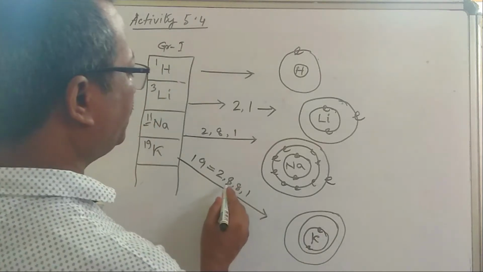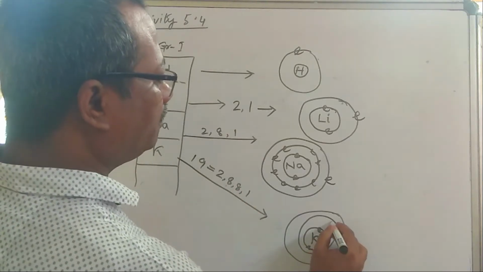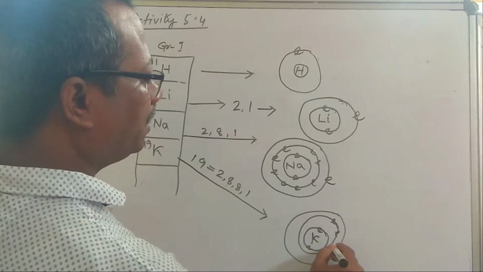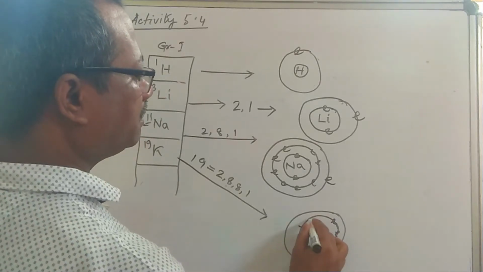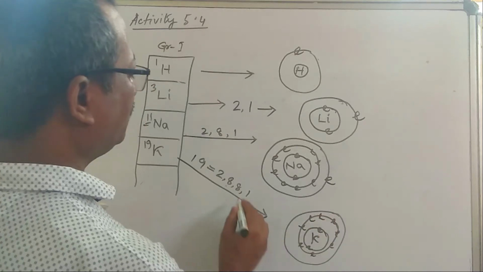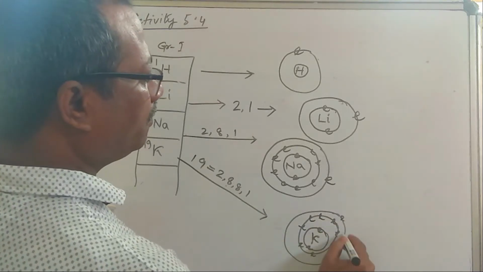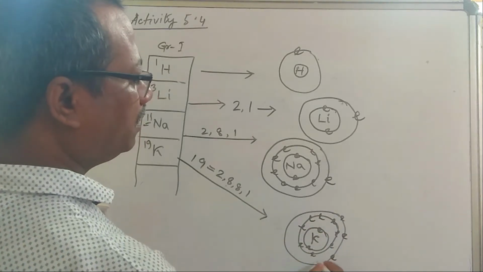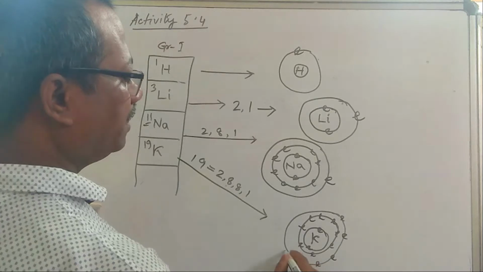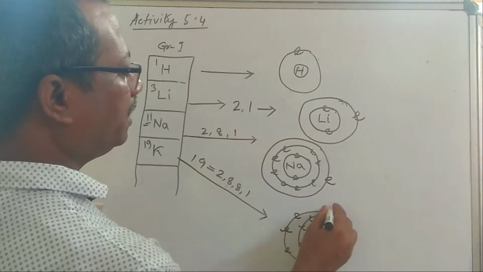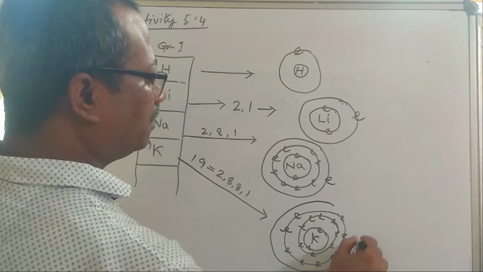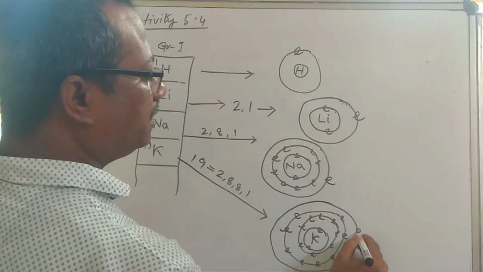In the second orbit there are 8 electrons. Then again 8 electrons in the third orbit. One more electron in the last shell.